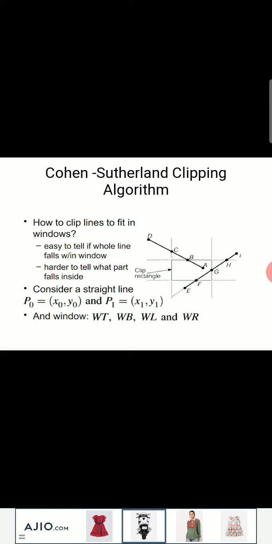The first algorithm to perform line segment clipping is the Cohen-Sutherland line clipping algorithm. This tells how to clip lines to fit inside the window. It is easy to tell whether the whole line falls within the window or not, but harder to tell what part falls inside.